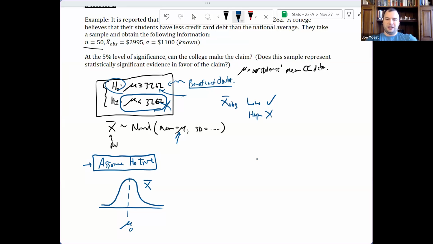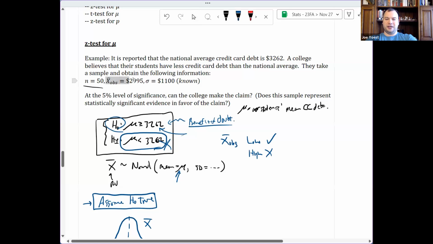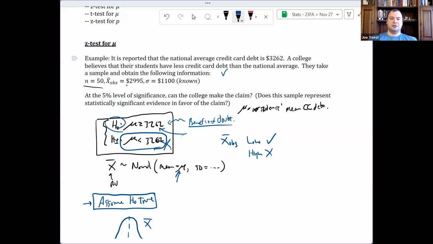If I sampled my 50 students and none of them had any credit card debt at all, if X bar observed was 0, I'd be very confident in making this claim. If X bar observed was, say, 4,000, I wouldn't even need to look any further. I know that the claim is not true.